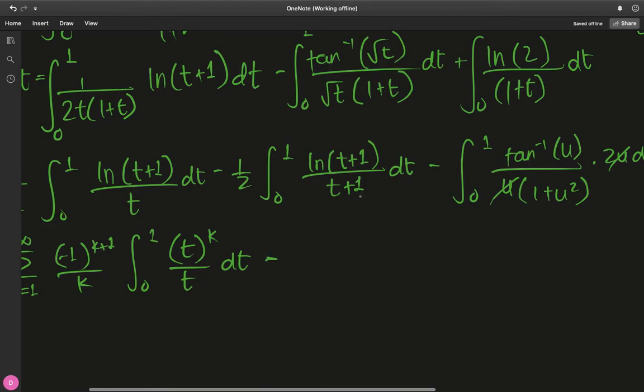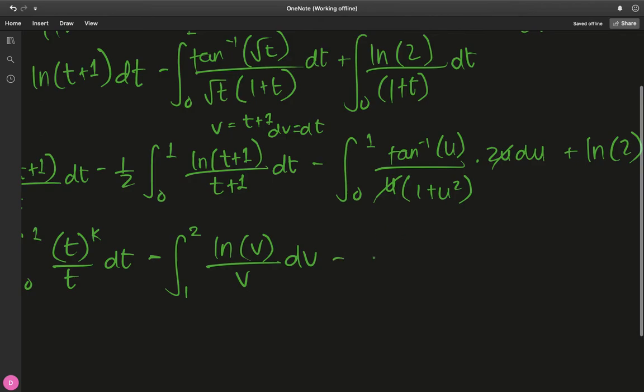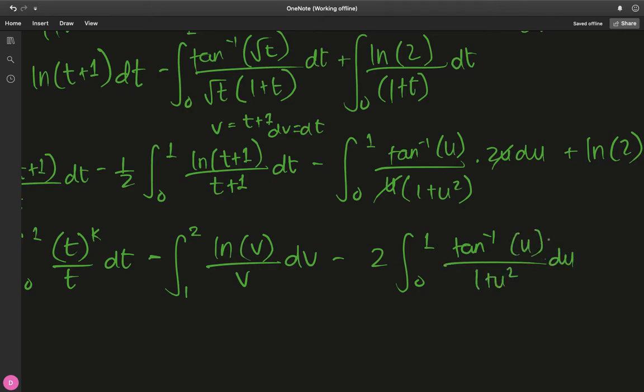And if you want to do a u substitution, we already took u, so you can take probably a v or something, v equals t plus 1, and a dv equals dt, but the upper and lower bounds now shift by 1, so we've integral from 1 to 2 of natural log of v divided by v dv minus 2 times integral from 0 to 1 of inverse tangent of u divided by 1 plus u squared du.